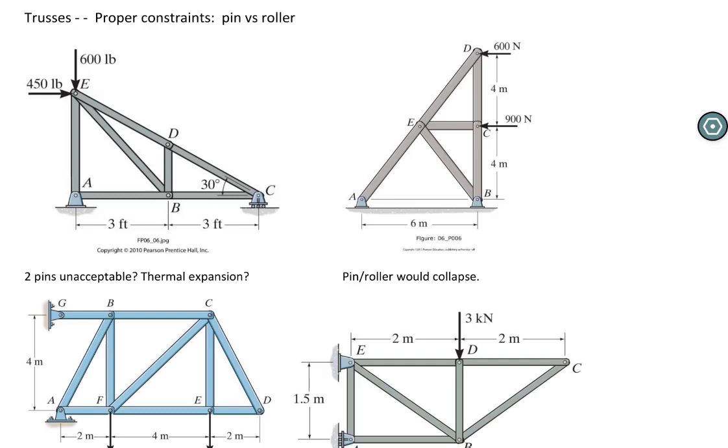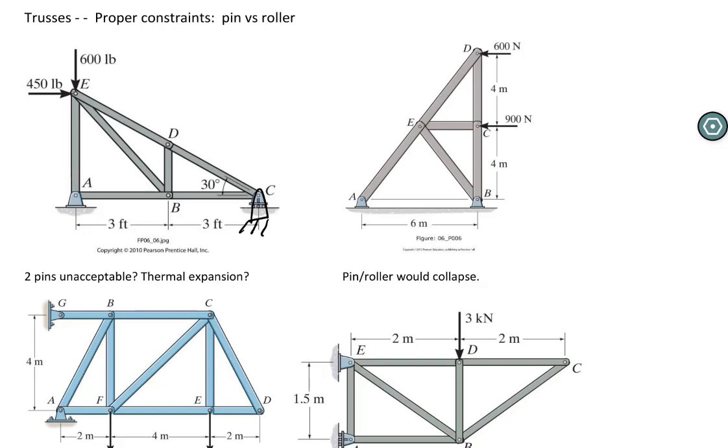Now for trusses, proper constraints need to have a pin and a roller most of the time. For example, if you have this truss and you have a pin and a roller, this is properly constrained. If this was a pin here, I'm going to draw a pin here and say, why is that not properly constrained for a truss? Well, what happens if this thing heats up?